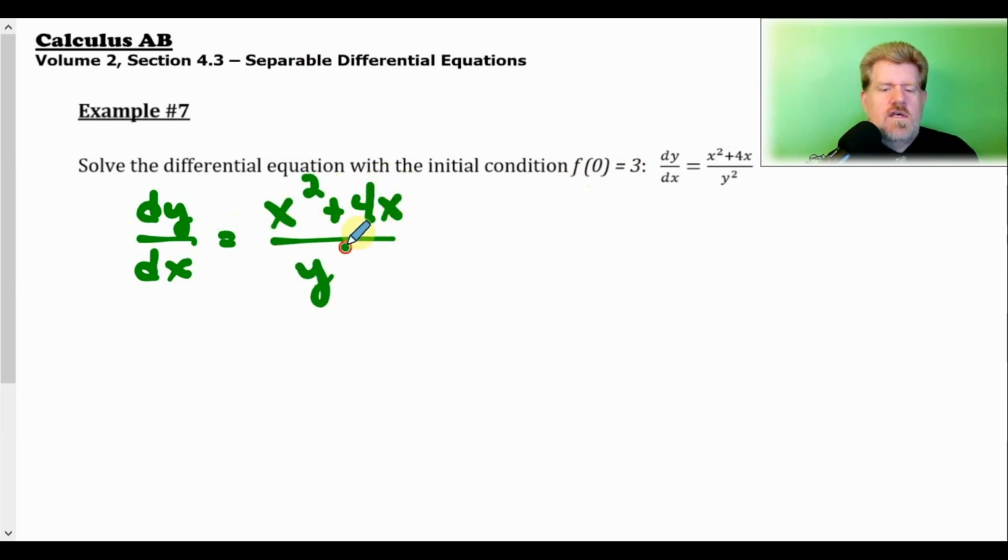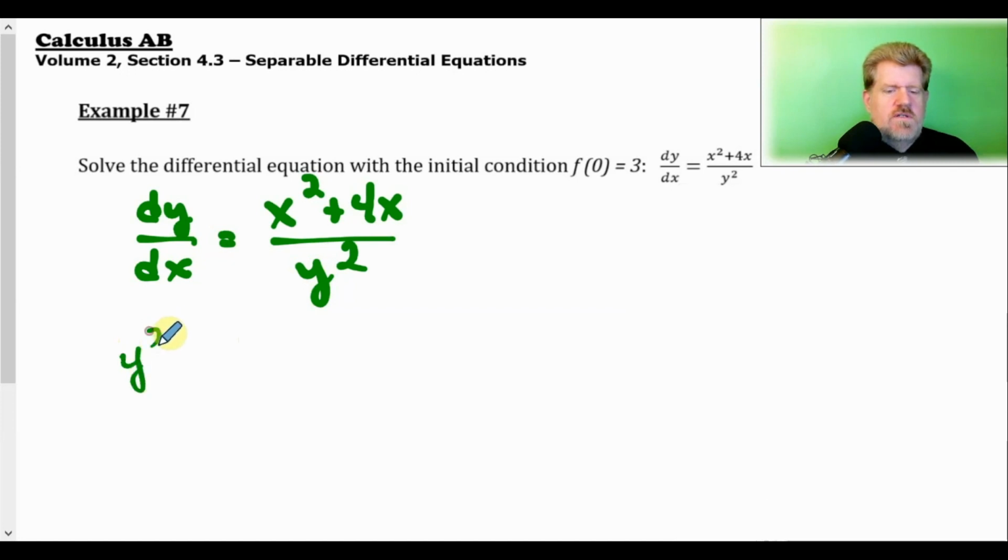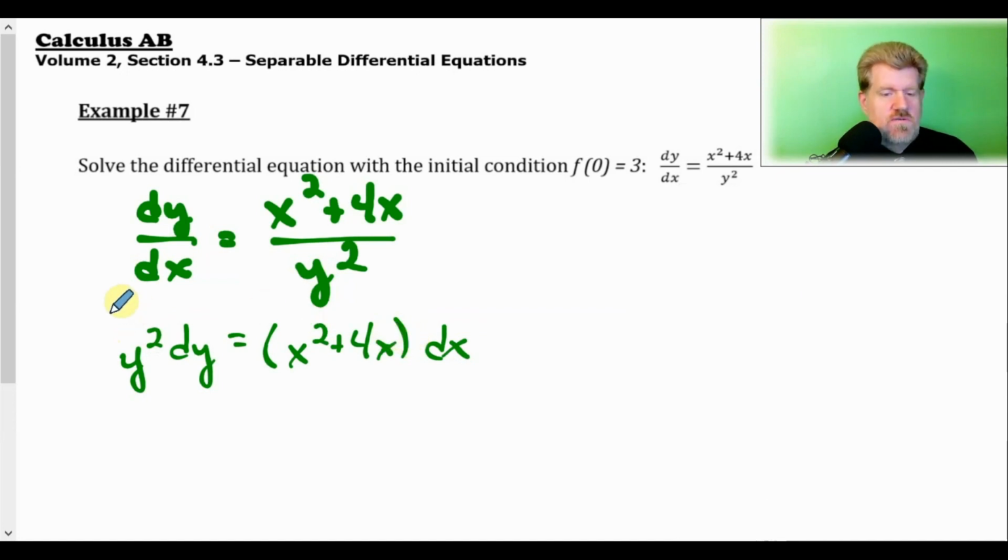Okay. Now how do I separate these things? Well, it's almost like cross multiplying. I'm going to multiply both sides by y squared. I'm going to multiply both sides by dx. Separated? It is. Once it's separated, we can integrate it. So the antiderivative of y squared is 1/3 y cubed.